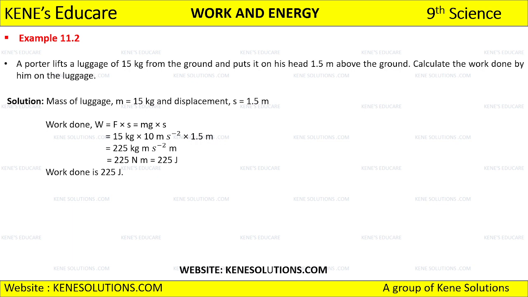After this, we discussed this example on how we can calculate the work done, right? So for that, we have this example 11.2. So please go through it as well, everyone.